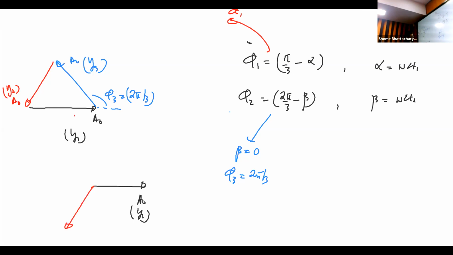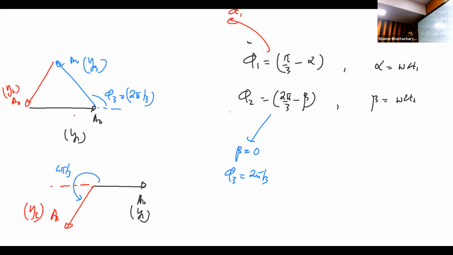This is the one coming from the second one. So I want this whole angle to be 4 pi by 3 or 240 degrees.